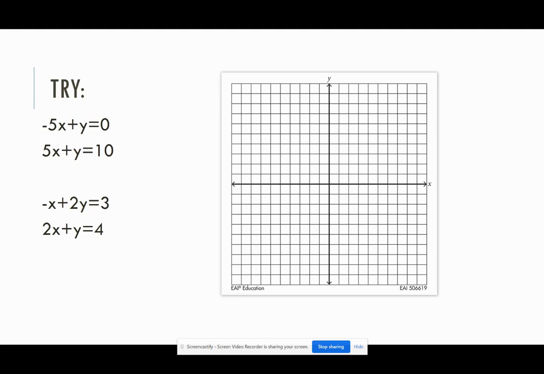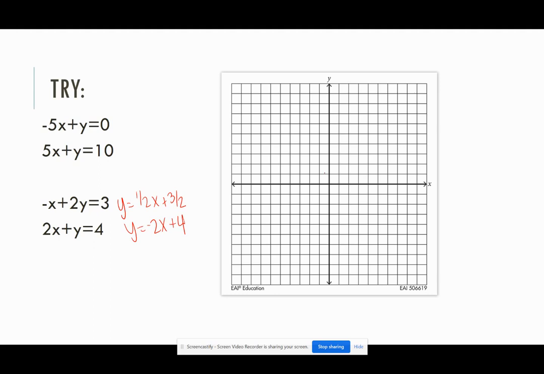I'm not a huge fan of this one, but as long as you got your graph looking similar to mine, that's all that matters. So we get y equals 1/2 x plus 3/2. And this becomes y equals negative 2x plus 4.